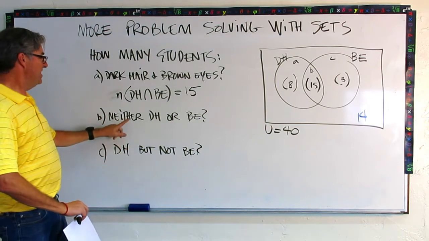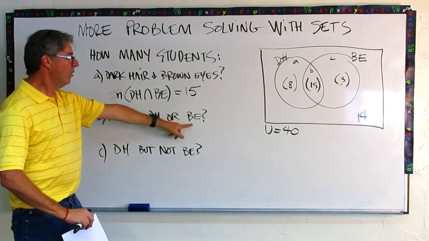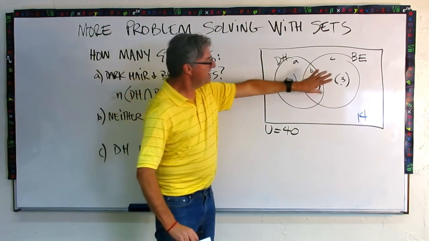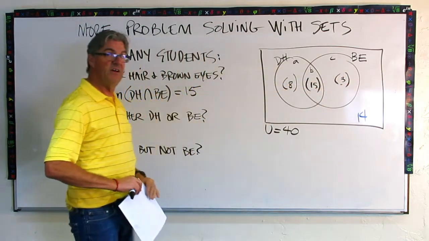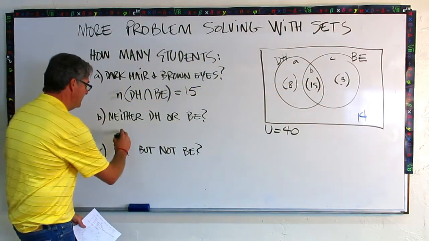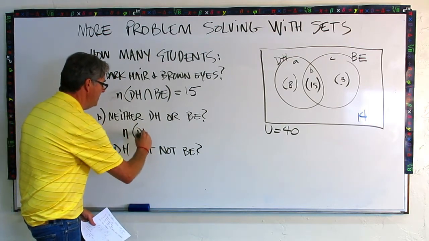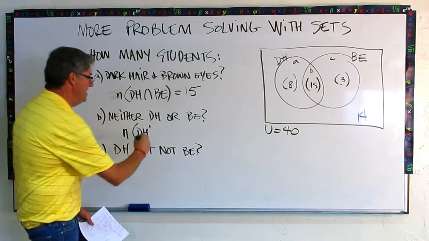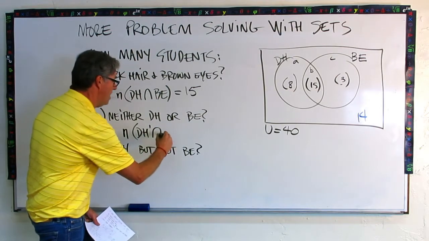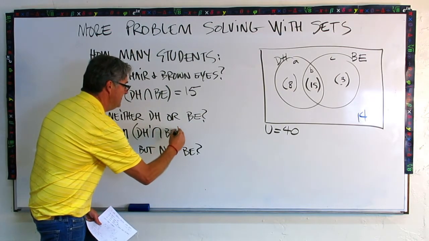Okay, this is neither dark hair or brown eyes, so nobody in the circle. Okay, so this one is a little bit complicated. It's the number of the complement of DH intersected with the complement of BE.